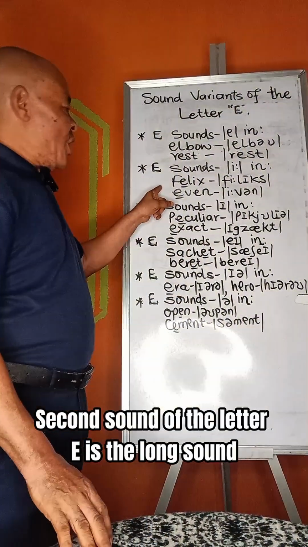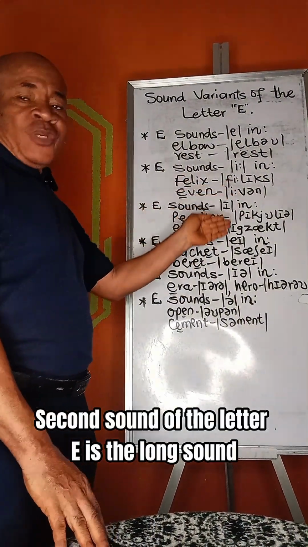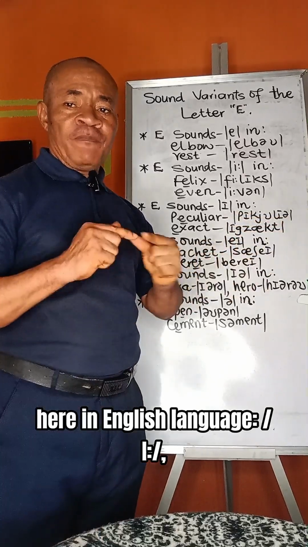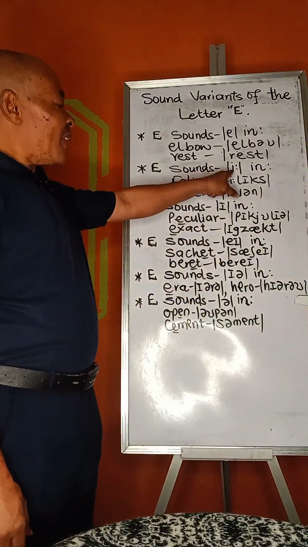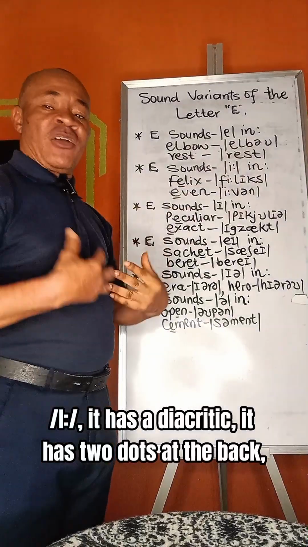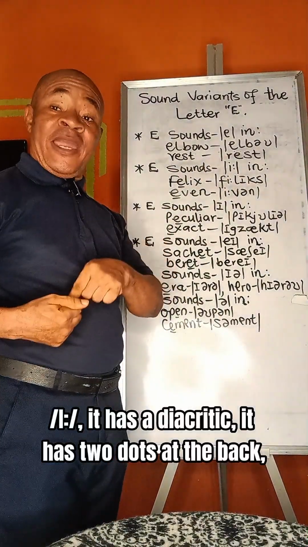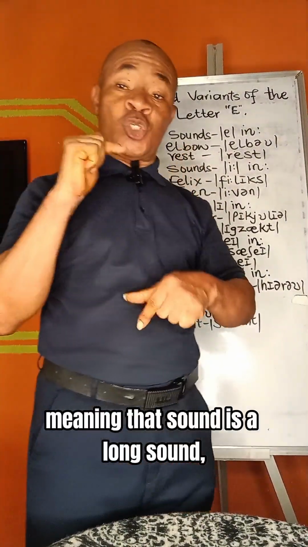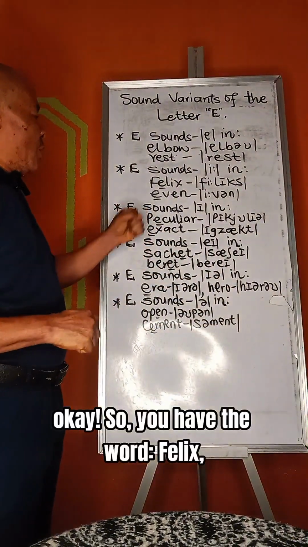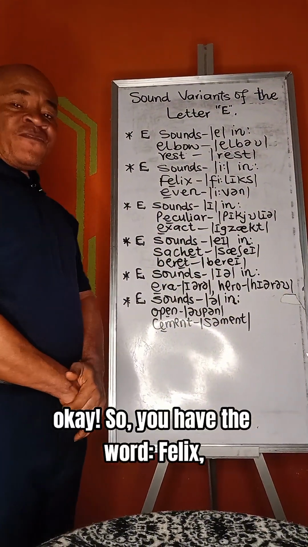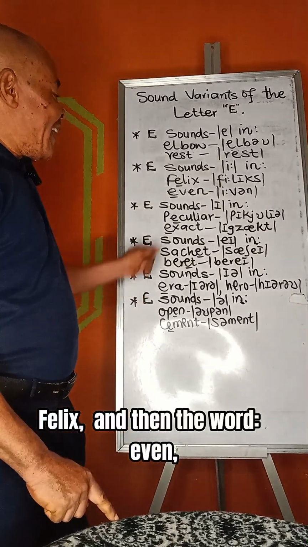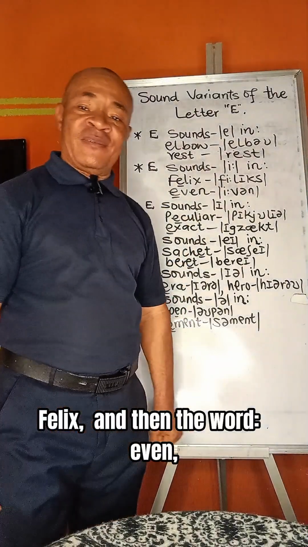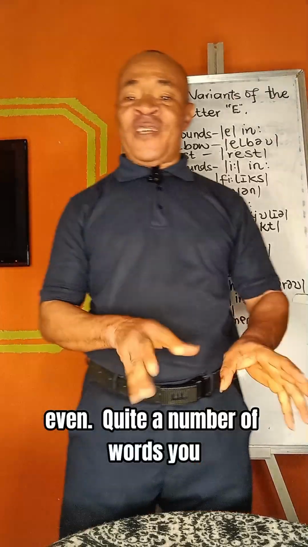The second sound of the letter E is the long sound in the English language, E. It has two dots, meaning that sound is a long sound. So you have the word Felix, and then the word even.